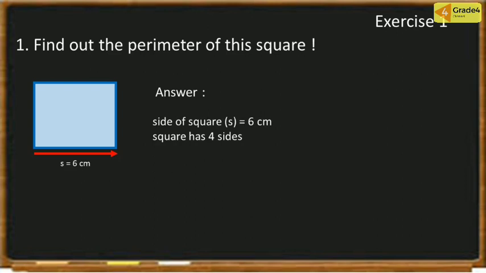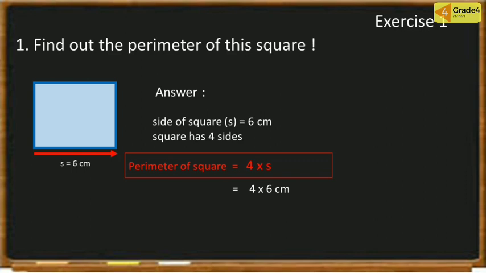You must remember a square has 4 sides. So the formula perimeter of square is, yes, perimeter of square is 4 times s or 4 times side. So can you calculate the result?